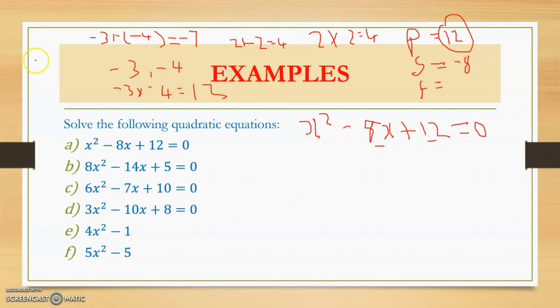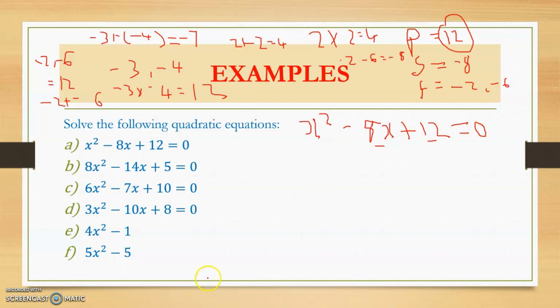So we go by negative 2 and negative 6. When you multiply these two, they'll give us 12. But again, when you add them, negative 2 plus negative 6, we'll need to multiply these signs here. Positive times negative will give us a negative. So we're going to end up with negative 2 minus 6, which is negative 8. So the factors are negative 2 and negative 6.